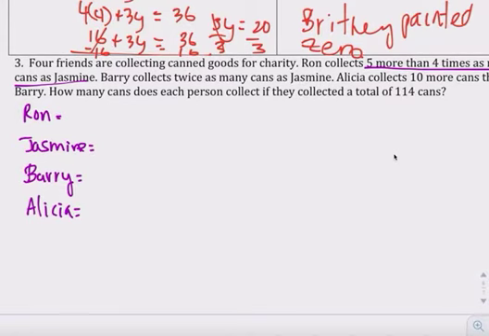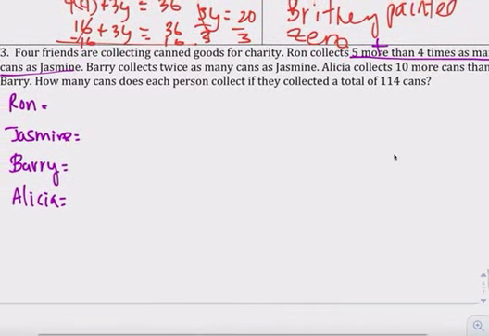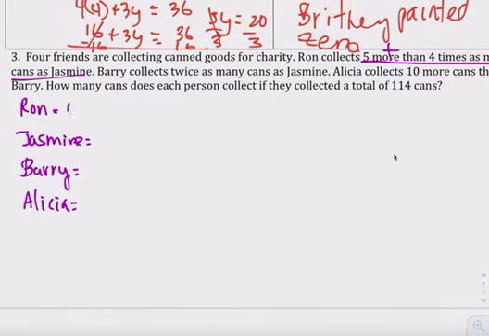Ron collected 5 more, 5 plus 4 times as many as Jasmine. So 4 times Jasmine plus 5. Jasmine, we never know because there's nothing on Jasmine. Barry collected twice as many cans as Jasmine. So twice is 2 times as many cans as Jasmine.